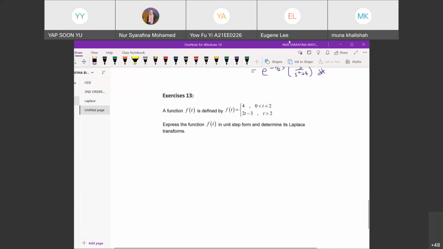Okay, what is your f t? What is a unit step function here? Anyone want to try?